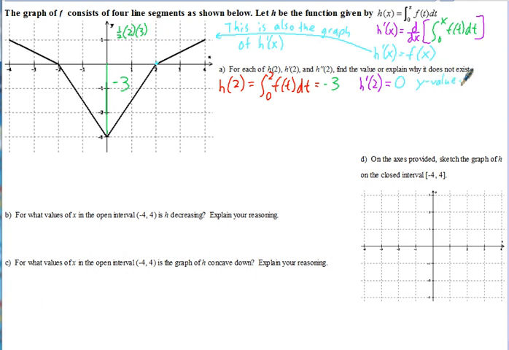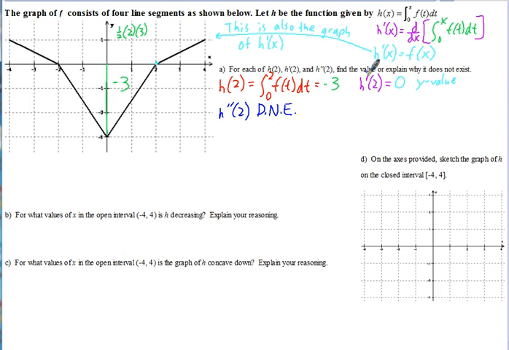And finally, for h double prime of 2, we'd be looking at the slope, because h double prime is the slope of h prime. But notice at 2, you've got a corner there. So the derivative or slope doesn't exist there. We have an abrupt change. So we can say h double prime of 2 does not exist. We abbreviate that DNE.